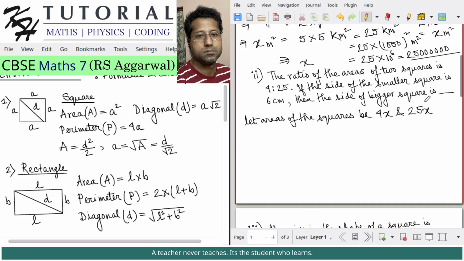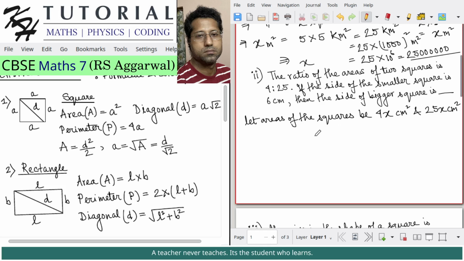Since the side of the smaller square is given as 6 centimeter, we must assume the areas to be in square centimeter. So let the areas be 4x centimeter square and 25x centimeter square. So this is based on the parts of the ratio.